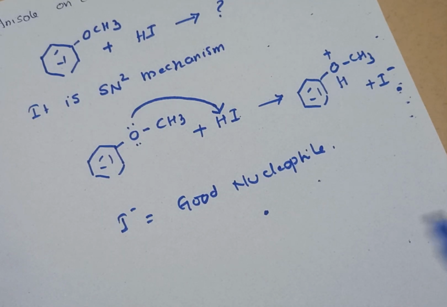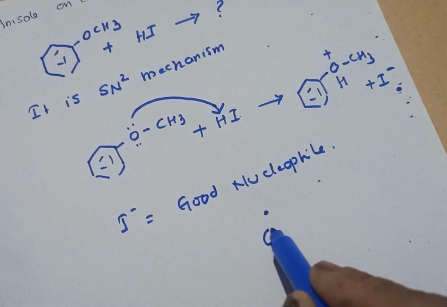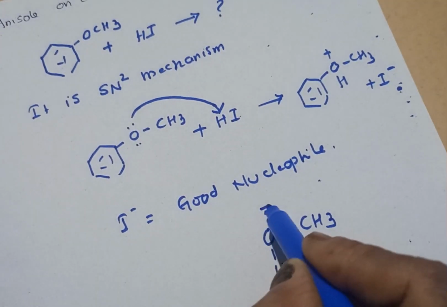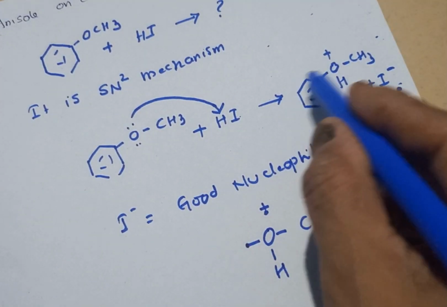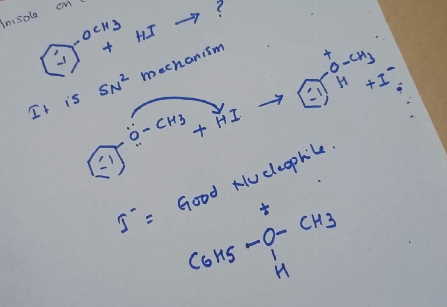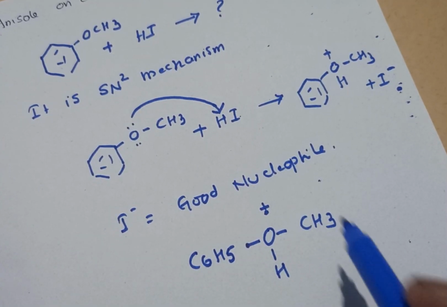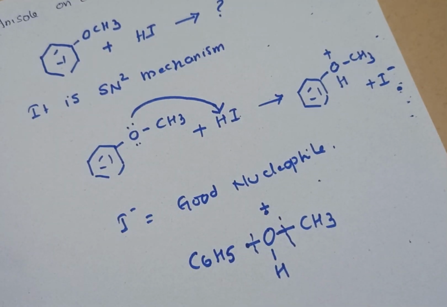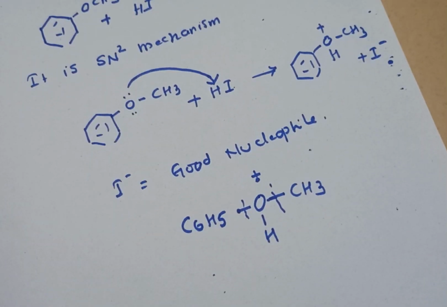Here oxygen, hydrogen is here, plus, and instead of this aromatic ring, I am writing its formula like C6H5. So where does the bond cleavage take place? Here or here? Before discussing this, let me do another mechanism.